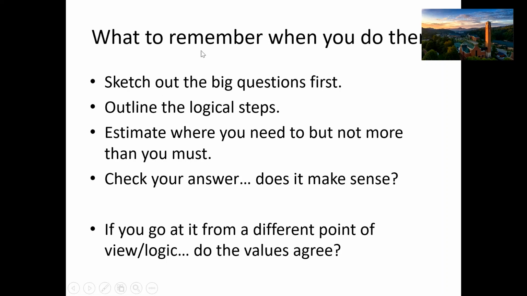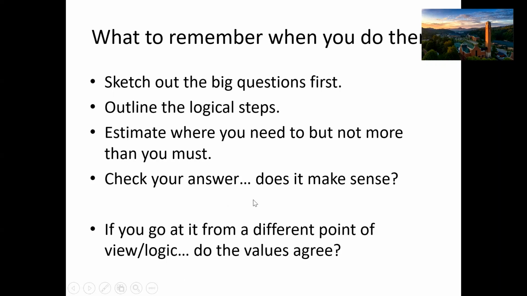So here's what you do, just as a reminder: you figure out the big questions, outline the logical steps, estimate where you can, try not to look things up, and then think about your answer. Does it make sense? These are also called back of the envelope calculations because they can be done in the middle of a professional lunch or something.